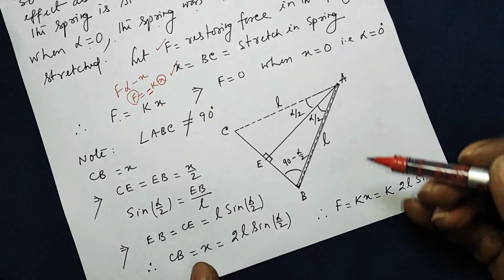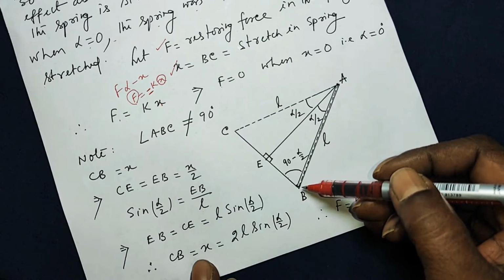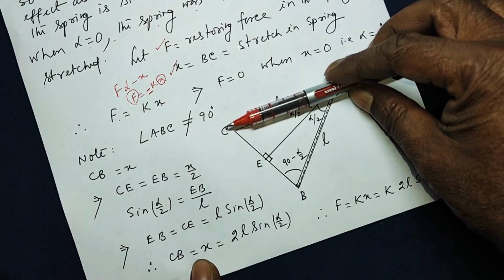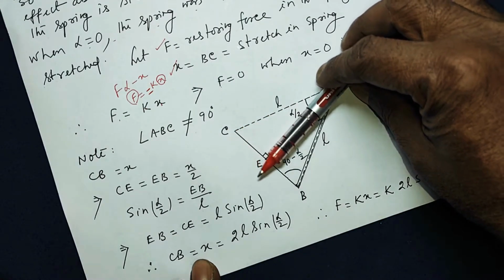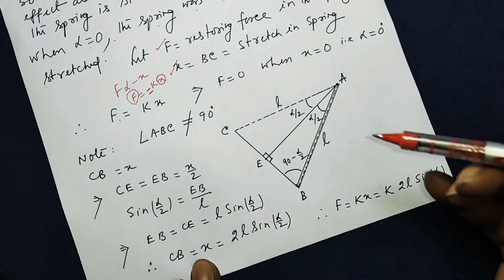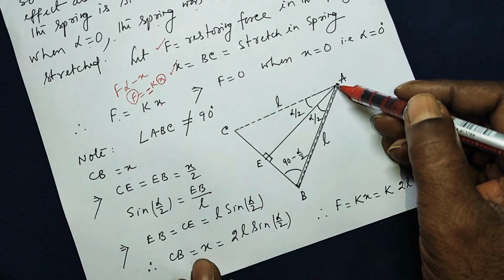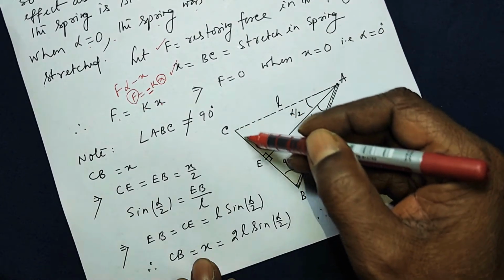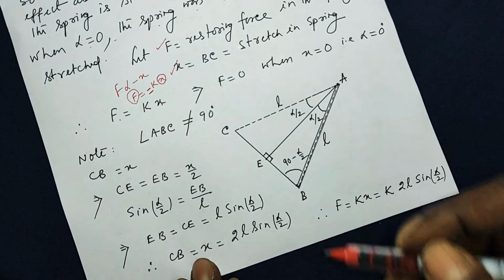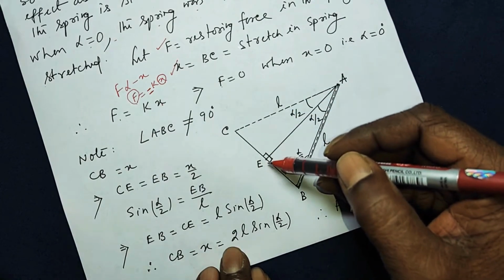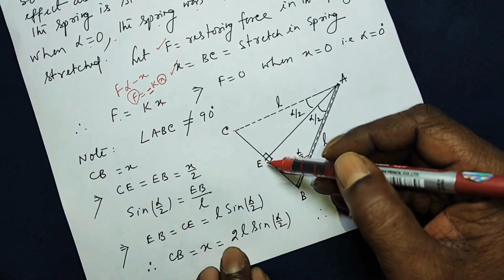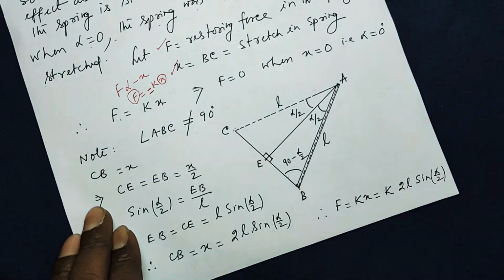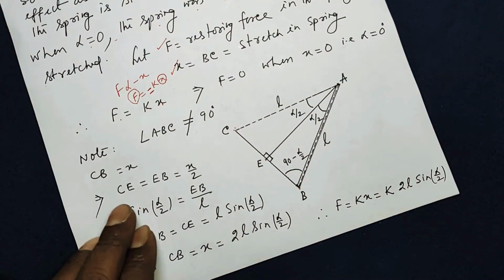As you can see, A is the prismatic bar. AC was the horizontal position. It has been tilted by angle alpha. From point A, if I draw a perpendicular on CB, which is the stretch equal to x, then CE and EB will be x by 2 each, since CB is equal to x, the stretch produced in the spring.